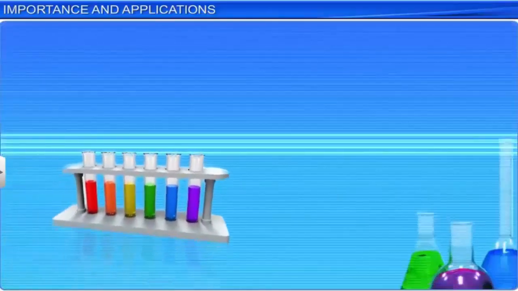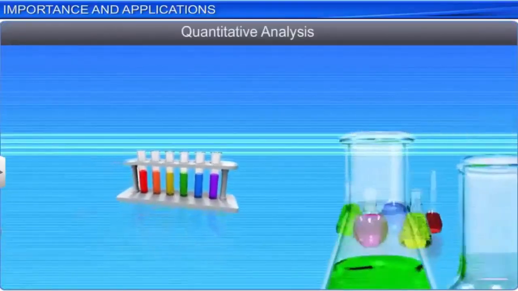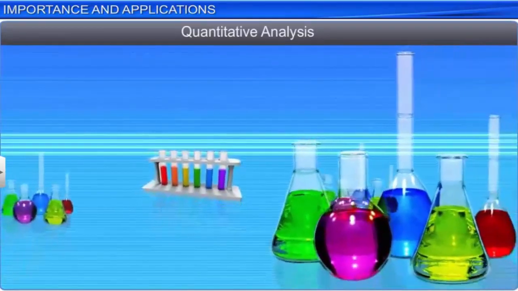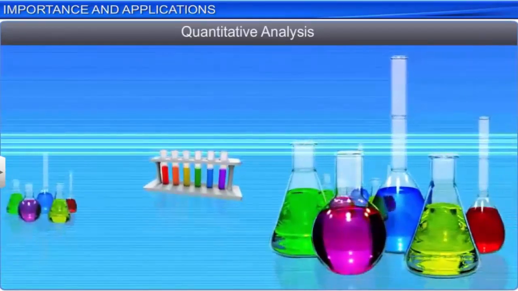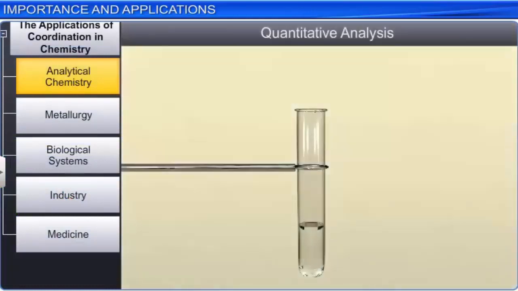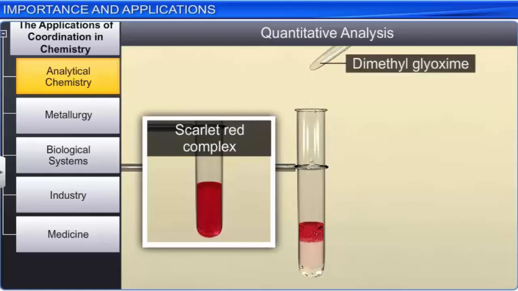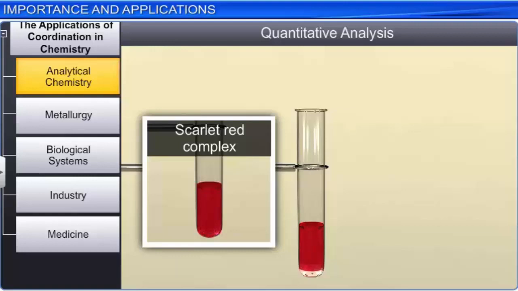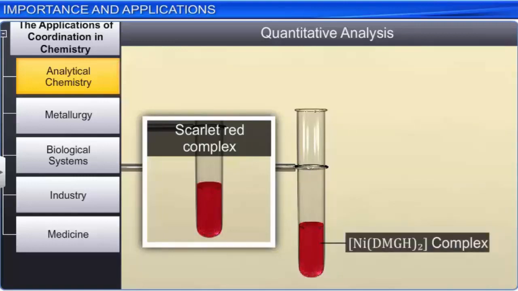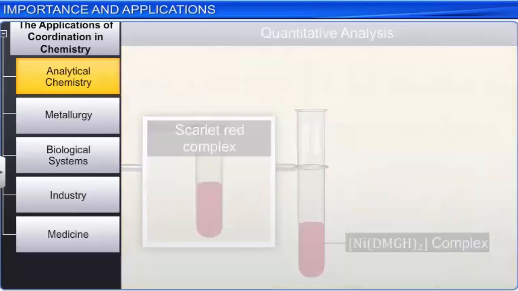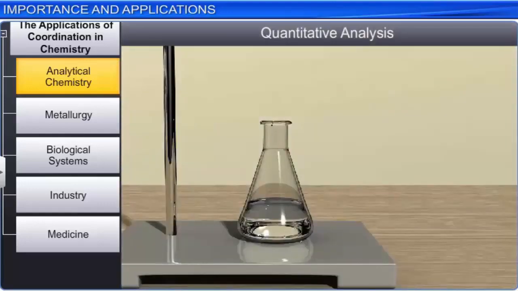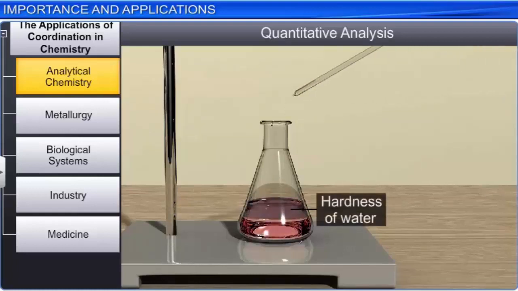There are numerous reactions in quantitative analysis where complexes are formed. For example, the formation of a scarlet red complex with dimethylglyoxime is the basis for the detection and estimation of nickel 2+ ions. Similarly, the hardness of water is estimated by titration with the sodium salt of EDTA.